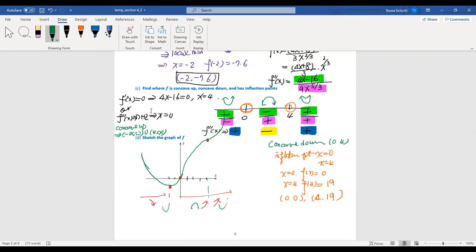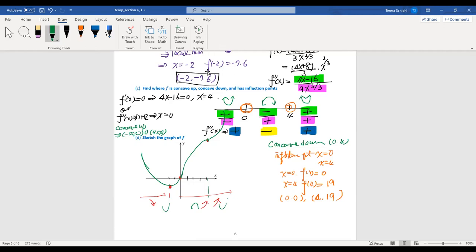Function decreasing: first derivative less than 0. Don't forget, from the first derivative you can find the critical points: you set the first derivative equal to 0, or the first derivative does not exist. And the same way, you set the second derivative equal to 0, or the second derivative does not exist, and you can find the inflection points.